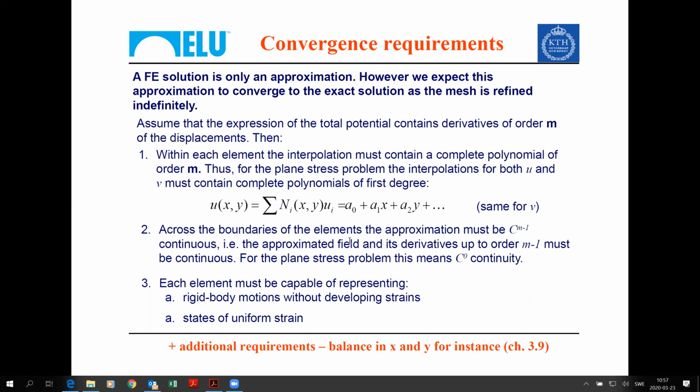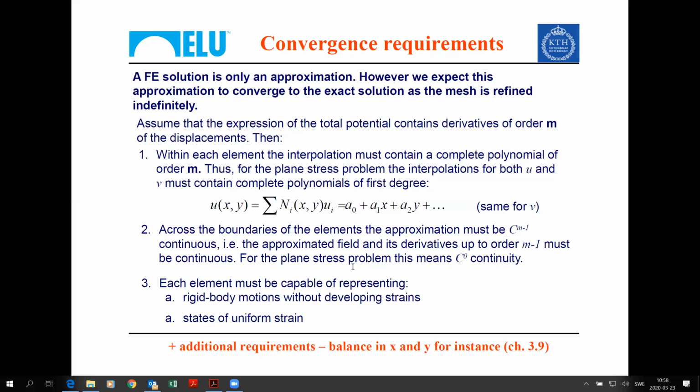Across the boundaries of the element, the approximation must be C^(m-1), which is a mathematical way of saying that the function itself, the approximated field variable, and its derivatives up to order m minus 1 must be continuous.